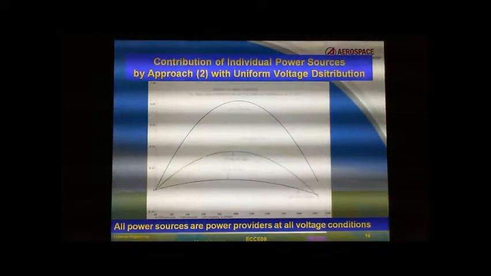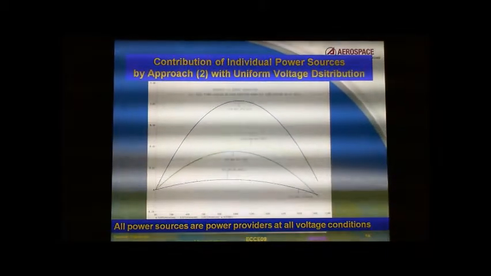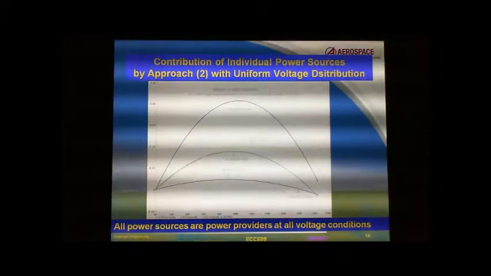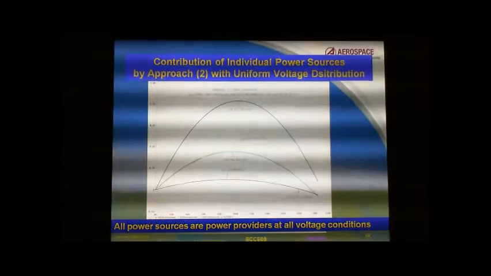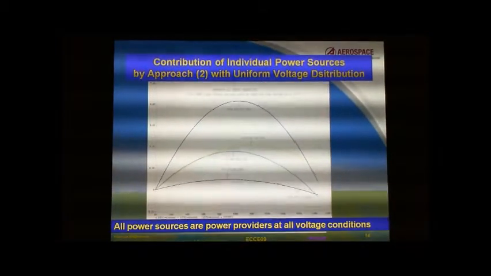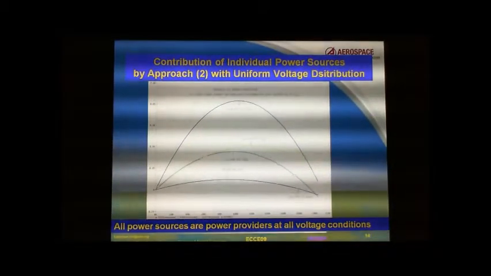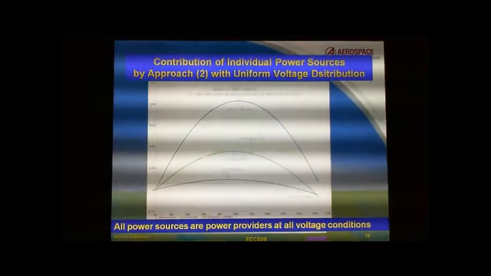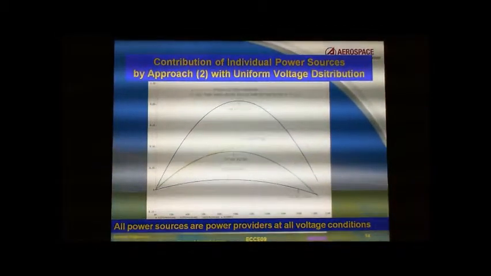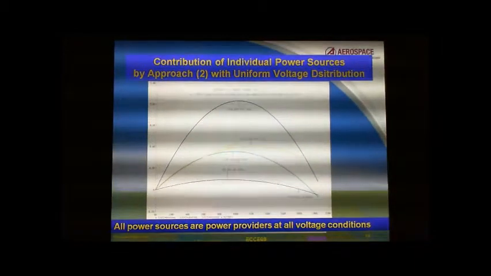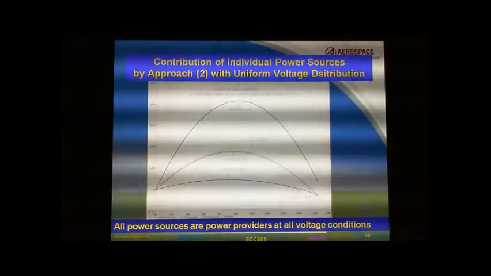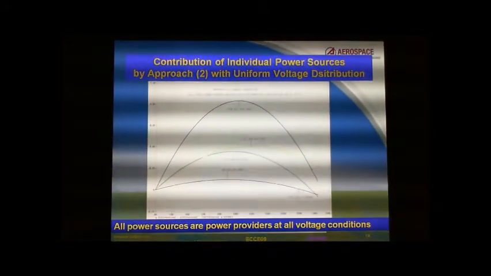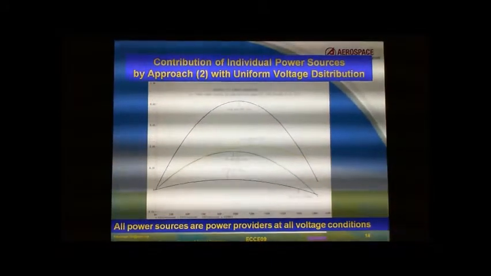All power sources always become power provider. None of them become power dissipator. This is the beauty of uniform voltage distribution that allows these power sources to stay active and able to provide or source power into the system.